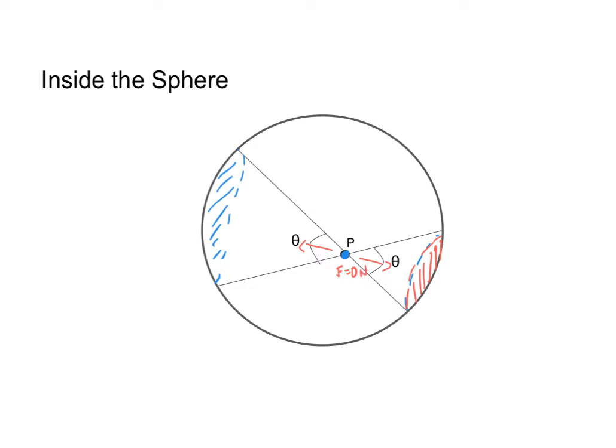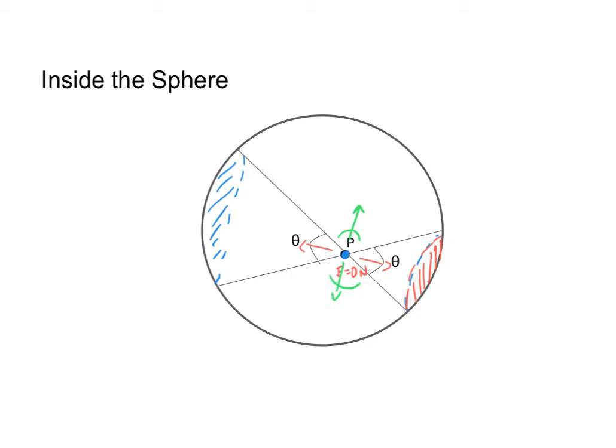Now, the other thing that we know is that if these two angles are equal, these two angles must also be equal. So the force in this direction and the force in this direction are also equal and opposite. If you want to know why these forces are equal and opposite, and all the ways that the geometry of our cone builds into that, I'm happy to talk to you about that, but we're not going to get into that right now.